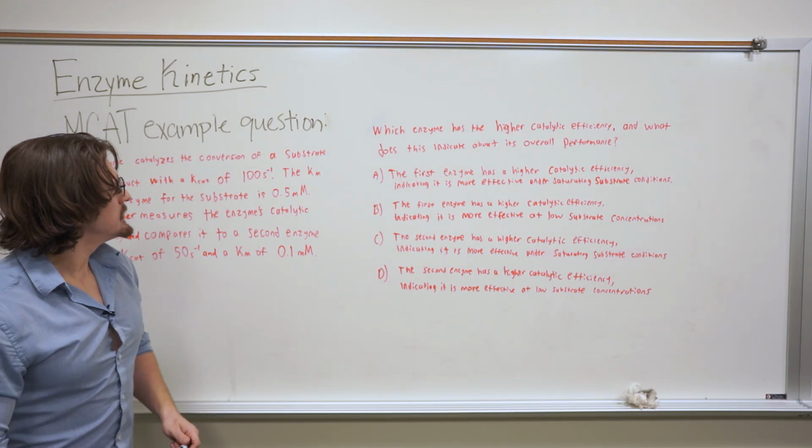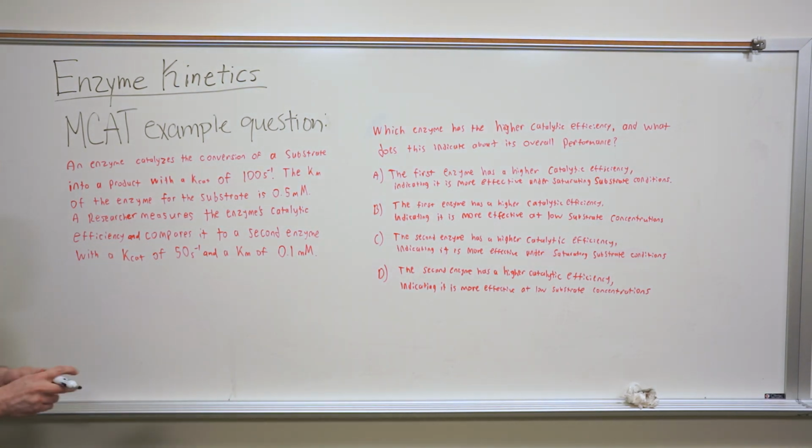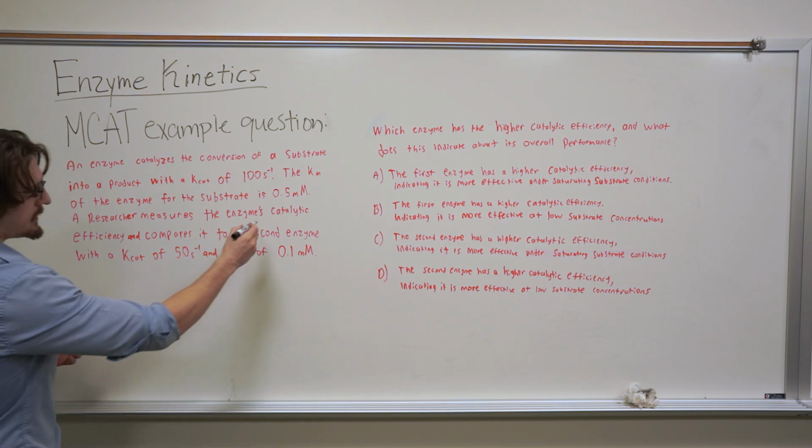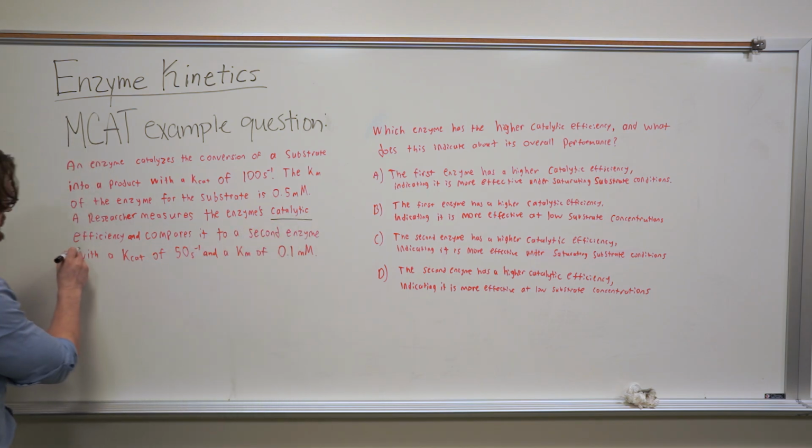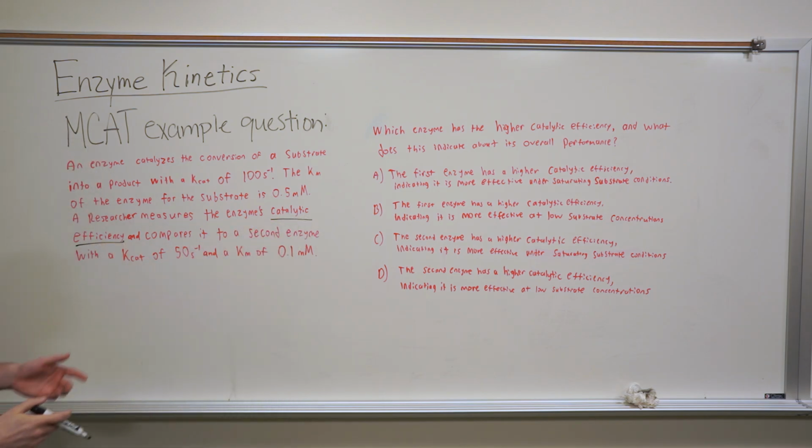All right. So, the most important thing here to unlock this whole question is knowing this: we're comparing catalytic efficiencies. So we need to know, how do these numbers relate to catalytic efficiency?